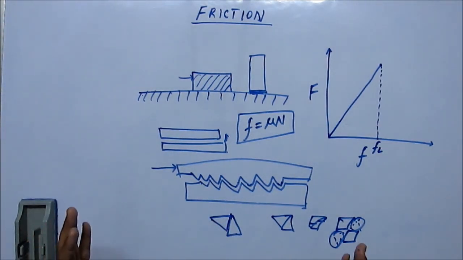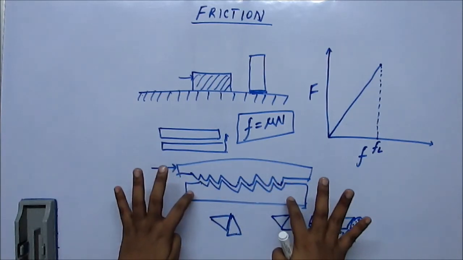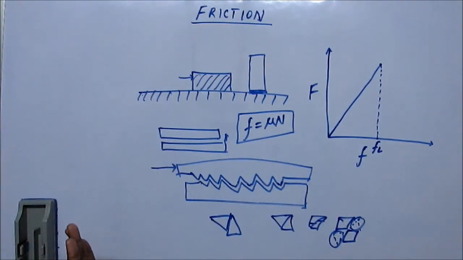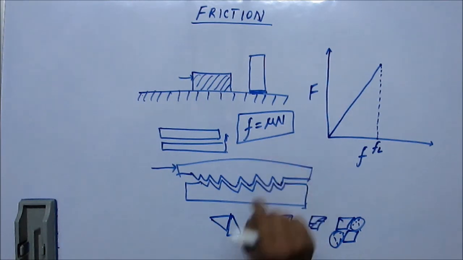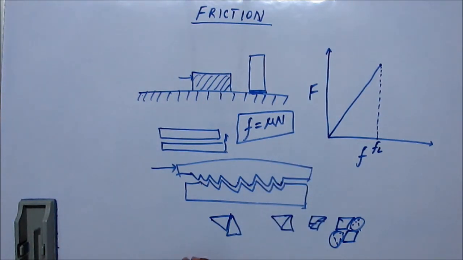A heavier body gets seated into these lockings very strongly, so it becomes difficult for the lockings to be broken and the body to move. So of course it should depend upon the normal reaction, because the strength of these lockings depends upon the force with which they are seated with each other.